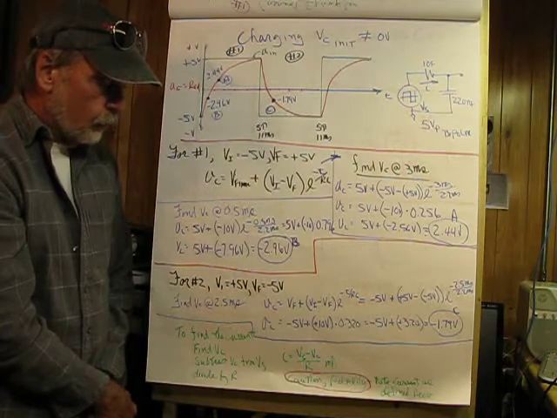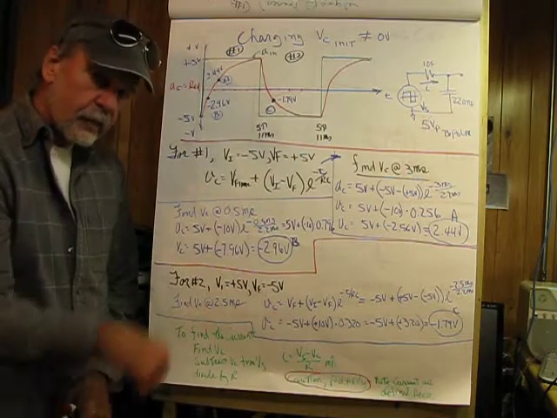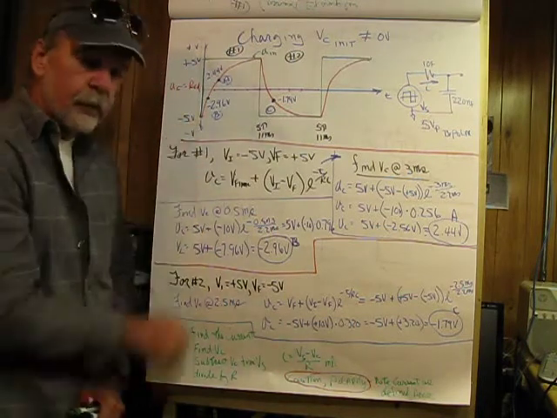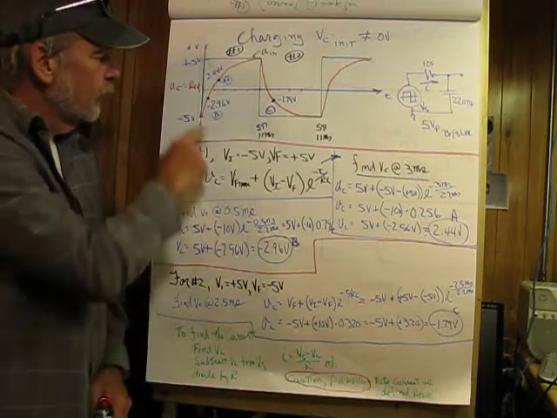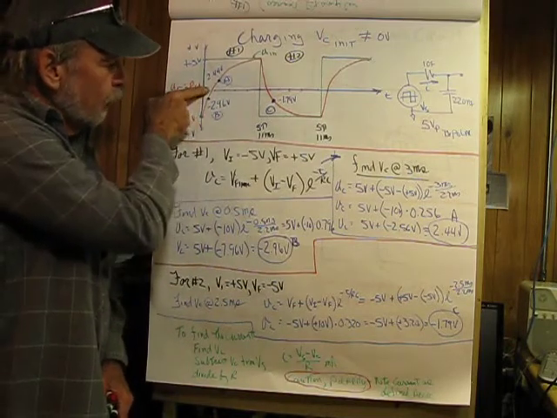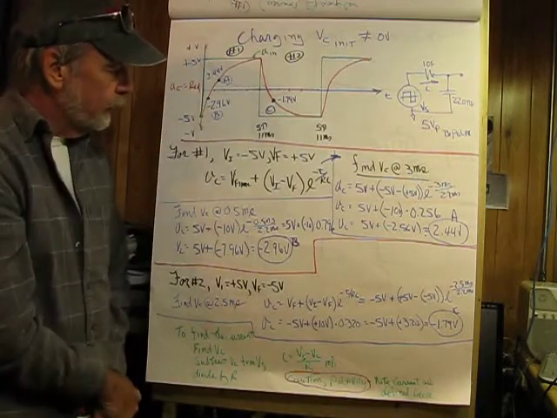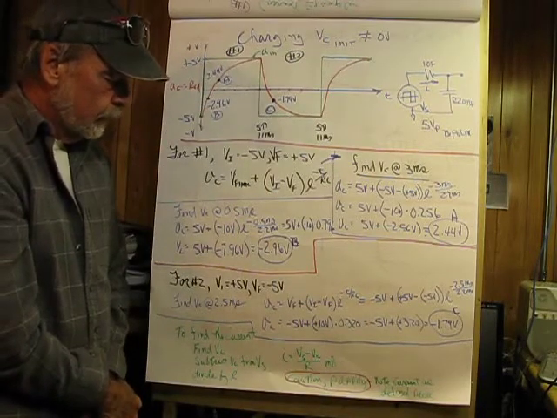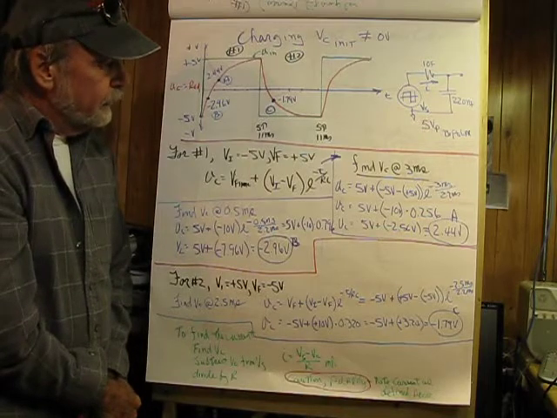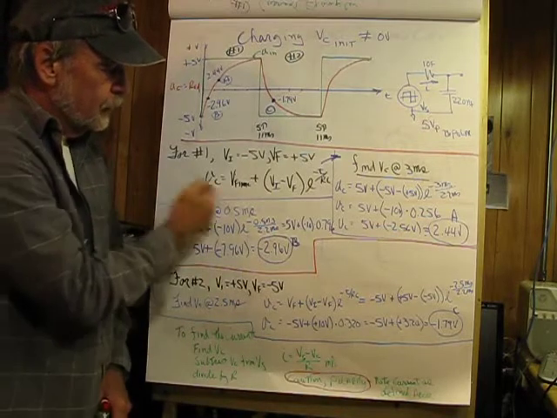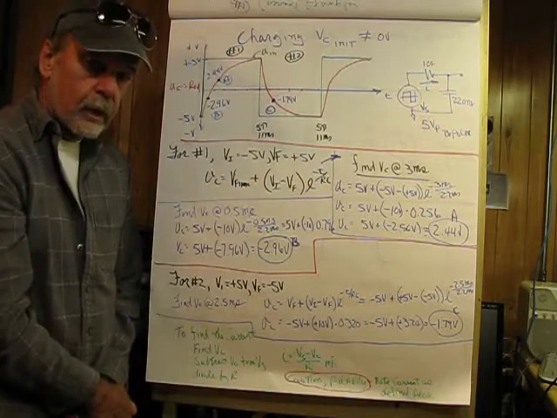So at time equals 0.5 milliseconds, starting from an initial value VC of negative 5 volts, we end up, and this is about 0.5 milliseconds here, at negative 2.96 volts. So we can see that this general equation here works pretty well.